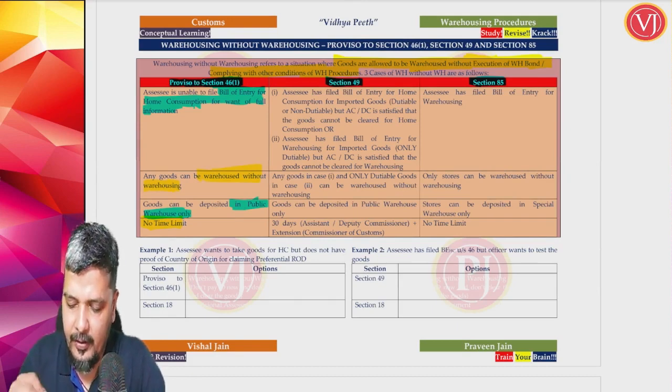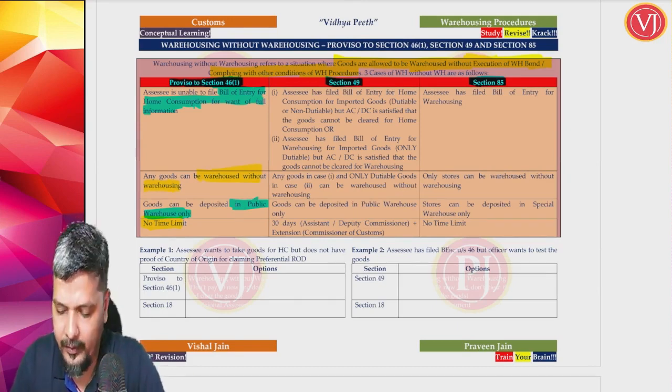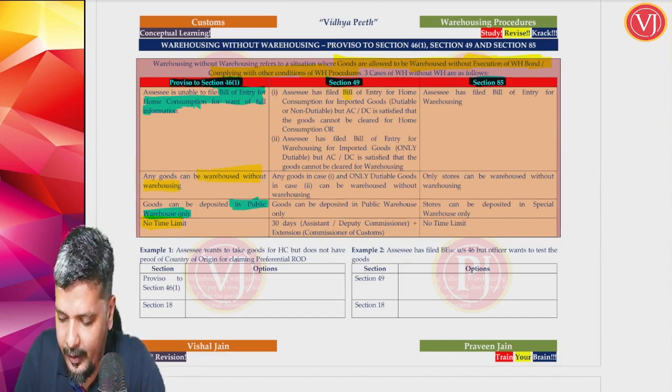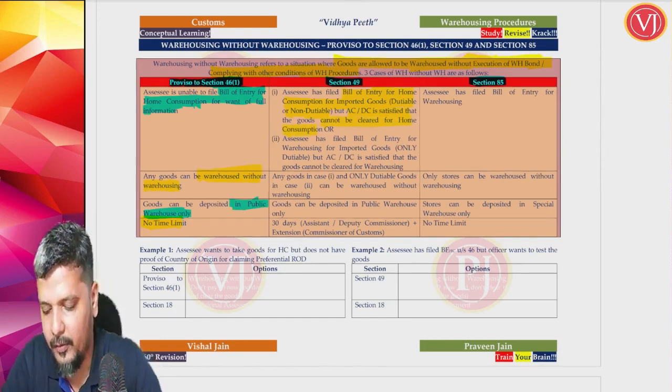Second, section 49. What is section 49 talking about? Assessee has already filed bill of entry for home consumption, whether the goods are dutiable goods or non-dutiable goods. But ACTC is satisfied that goods cannot be taken for home consumption.